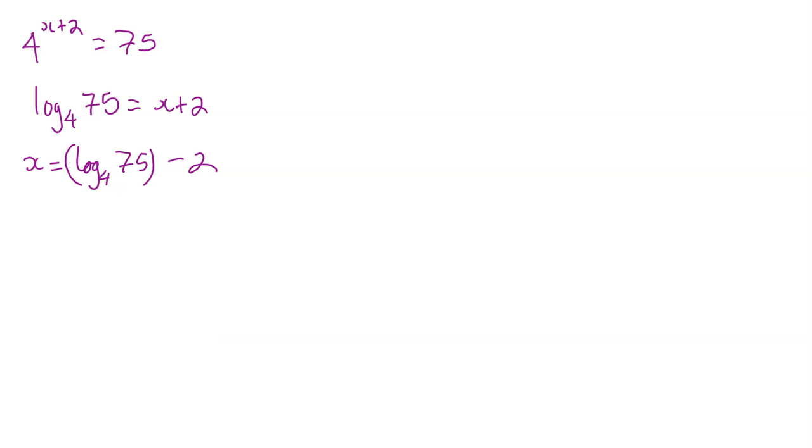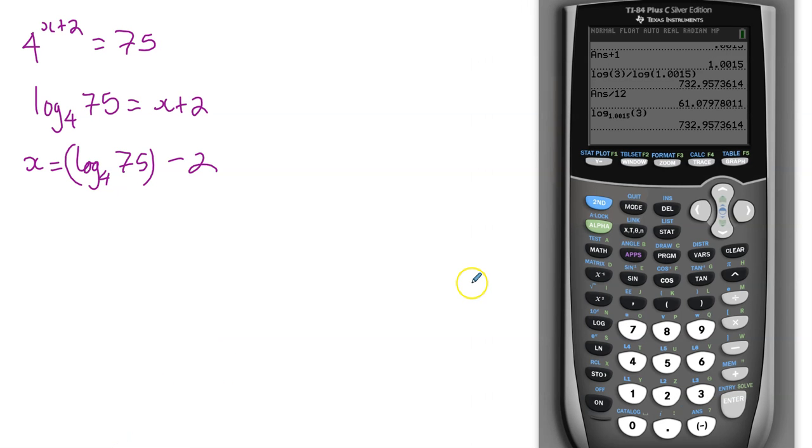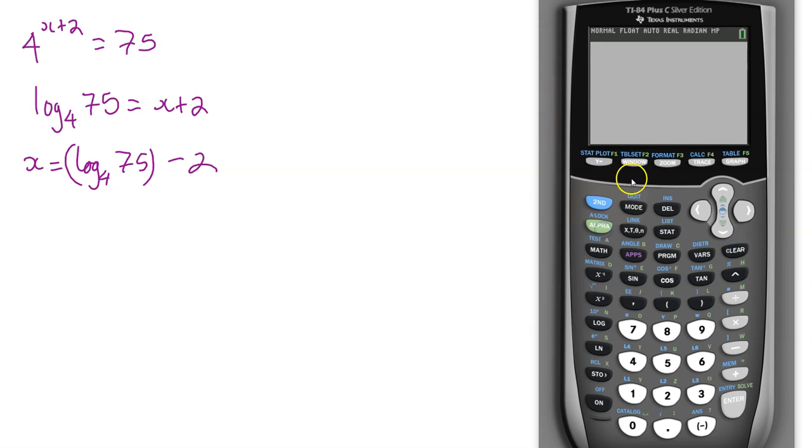So on our calculator, 2 different ways. Let's clear this. So if I can do a log base, alpha f2, and number 5 is log base, I could put in the base of 4, the value is 75. Okay, we're going to work that out, and then subtract 2, and we get 1.1144, 0.9345.